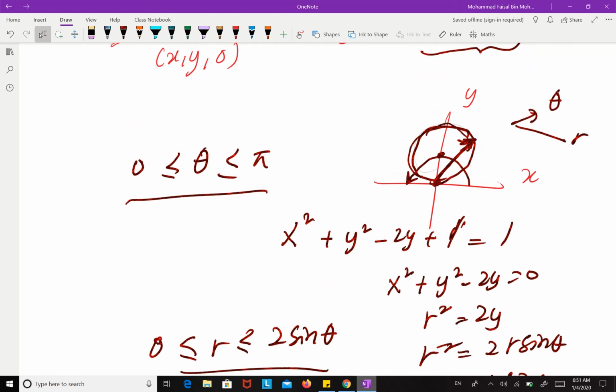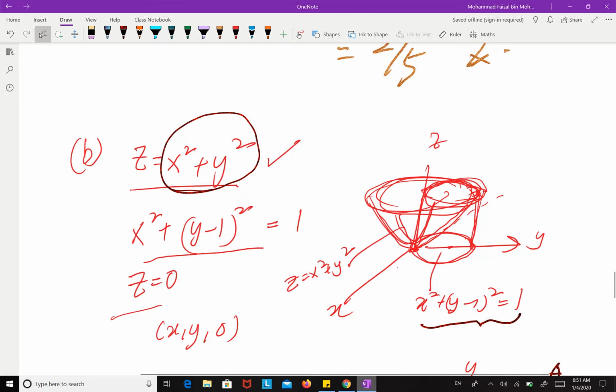Another thing I'm going to share with you is, if the solid is bounded by the given surfaces, we already have z equals x squared plus y squared, x squared plus (y minus 1) squared equals 1, and z is 0. What does it mean?